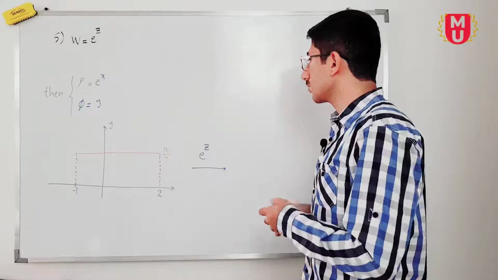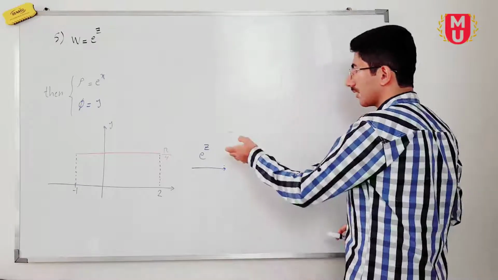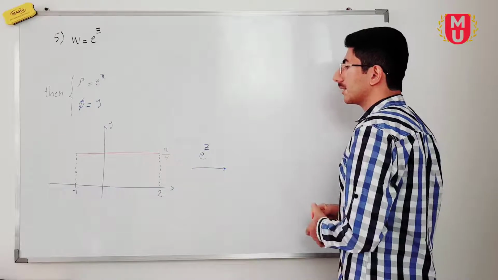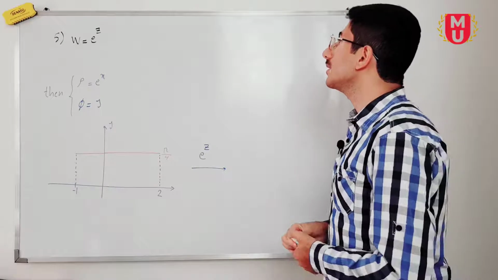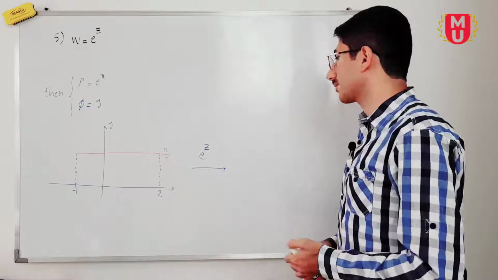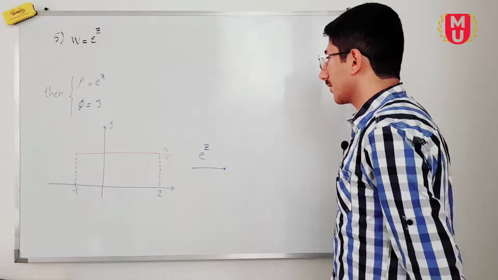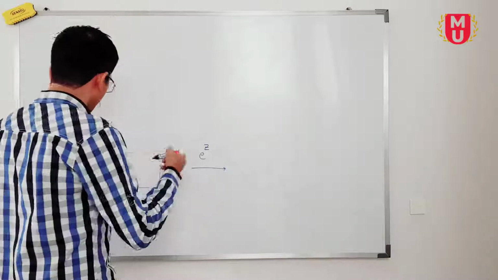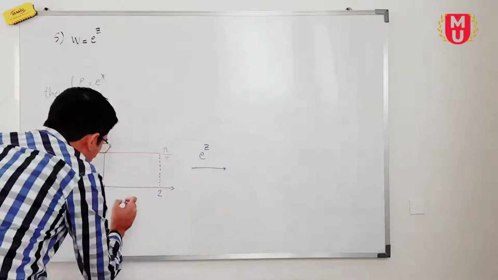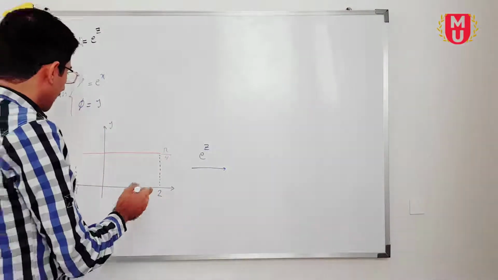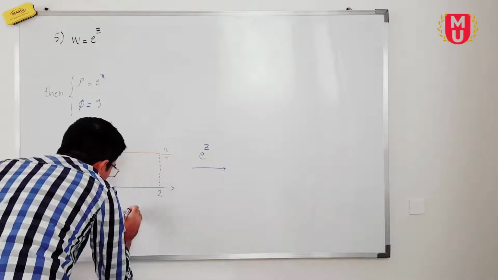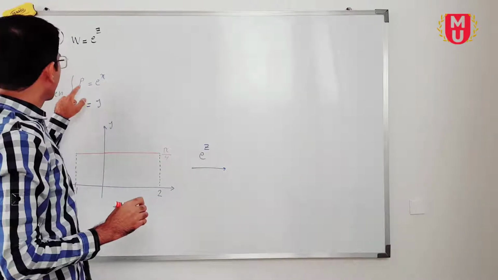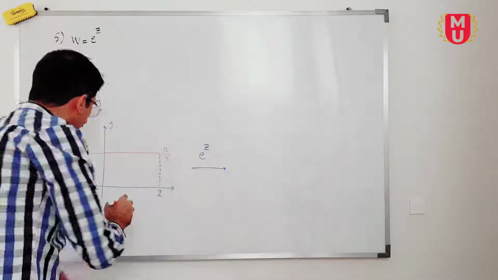We want to see what this simple line will become under the e to the z mapping function. Just simply, you should ask yourself what has happened to the x, it will happen to the y also.